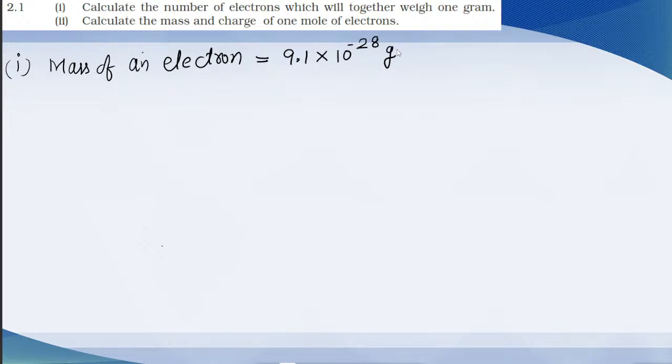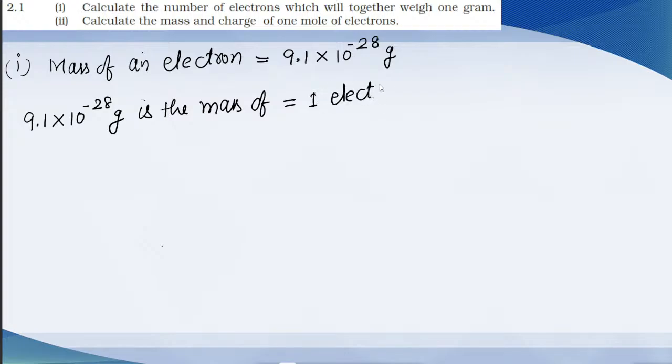That means 9.1 into 10 raised to power minus 28 gram is the mass of one electron, right?